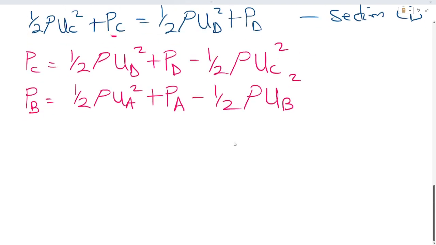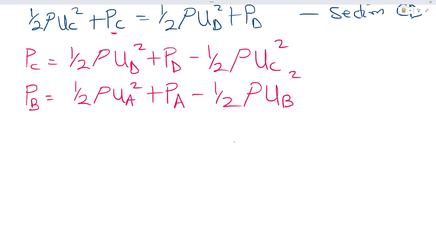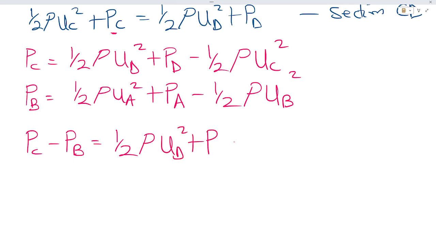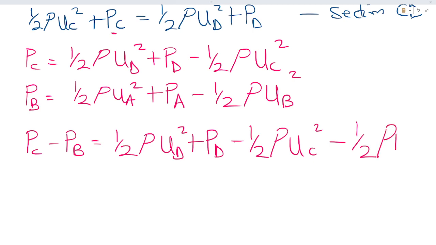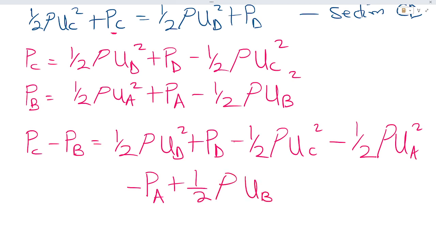And if that should be the case, the next thing is to single out PC minus PB. And how do we do that? So therefore, our PC minus PB equals half rho UD squared plus PD minus half rho UC squared minus half rho UA squared minus PA plus half rho UB squared.